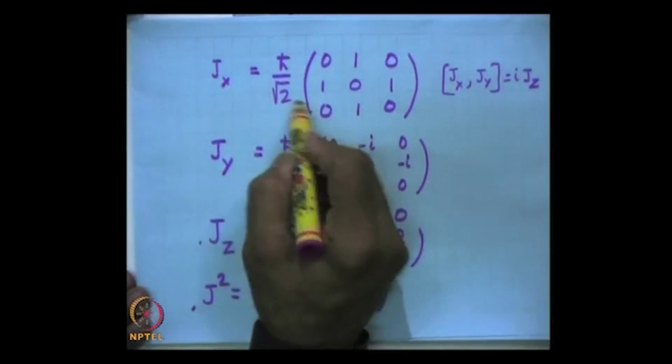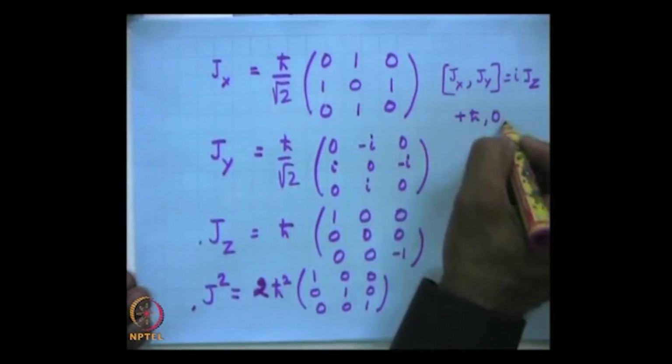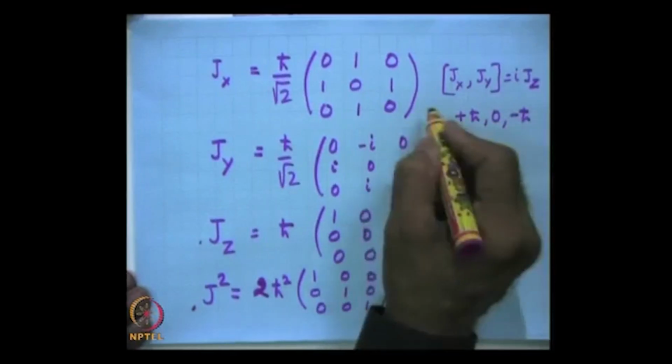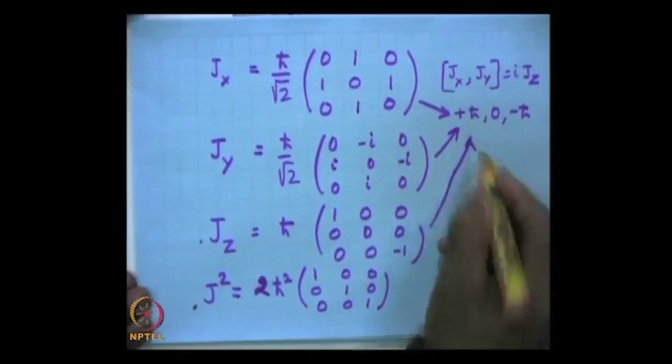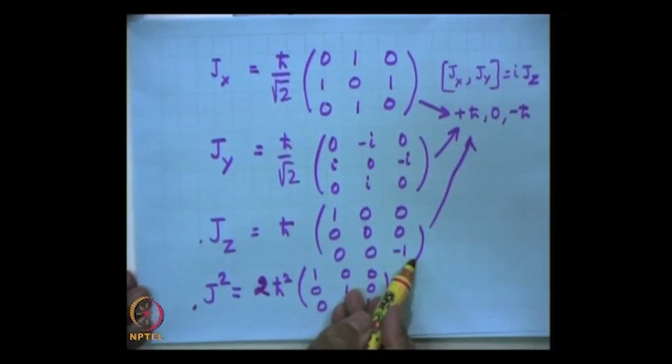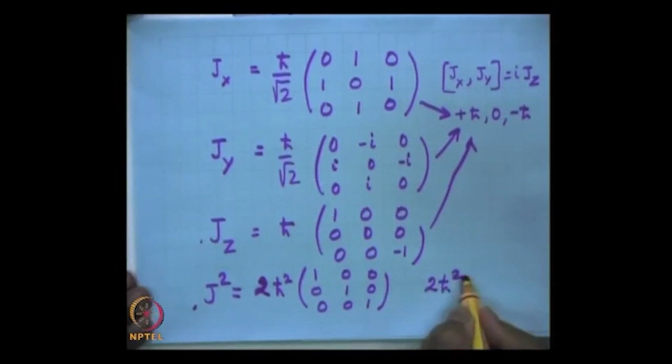The eigenvalues of J x are plus h cross, 0 and minus h cross. The eigenvalues of J y are also these. The eigenvalues of J z are obvious from here. The eigenvalue of J square is degenerate: j into j plus 1, that is 2 h cross square.